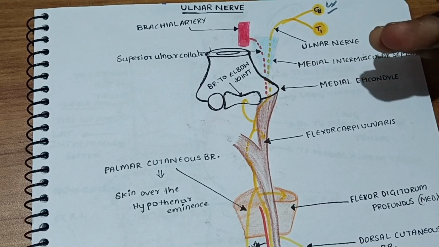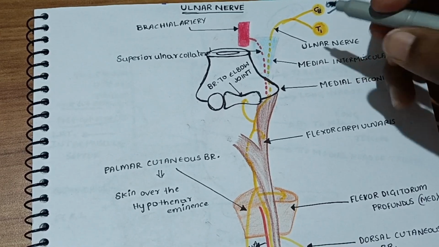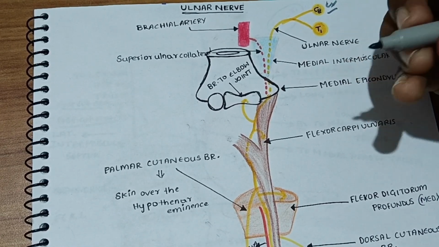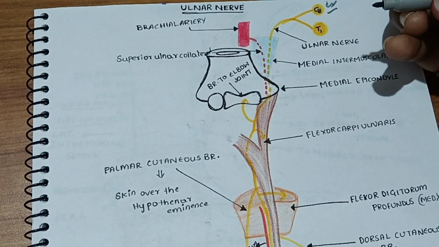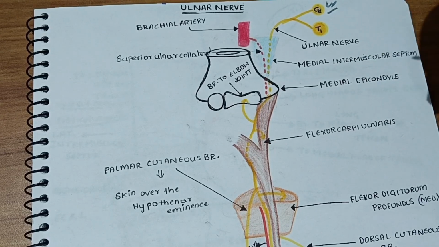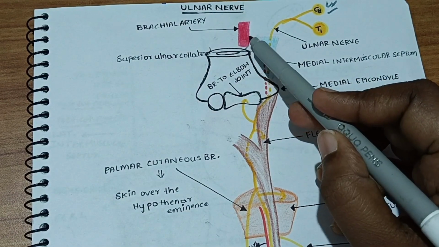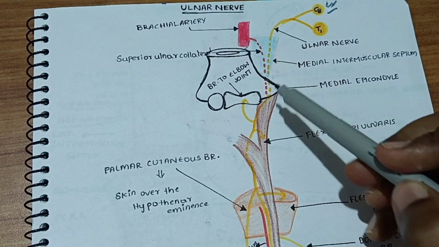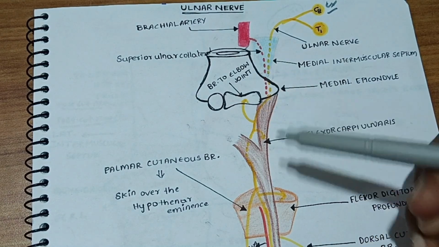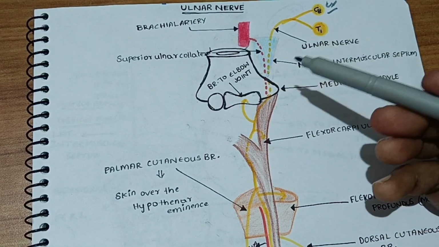On entering the arm region, it is placed medial to the superior ulnar collateral artery. The superior ulnar collateral artery is a branch of the brachial artery. See, this is the brachial artery, whereas this is its branch, the superior ulnar collateral artery.